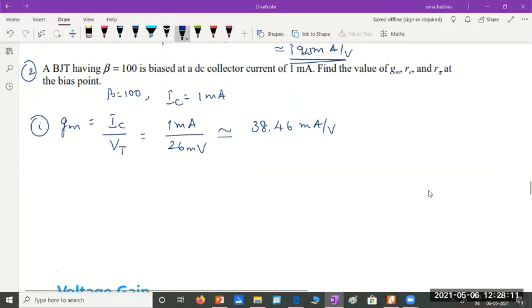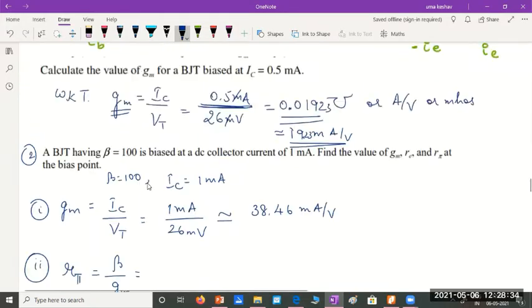Yes, ma'am, correct. Okay. This is the value of gm. It will be just double that because previously we got IC as 0.5. Next, how do I find r pi? The second element which we defined was r pi. Is it beta by gm?